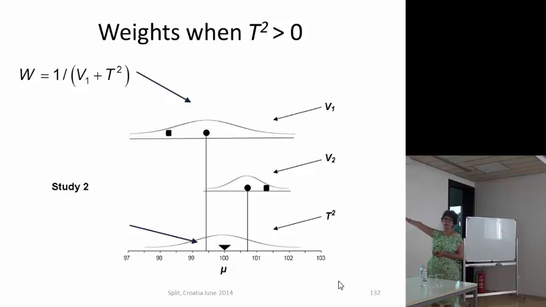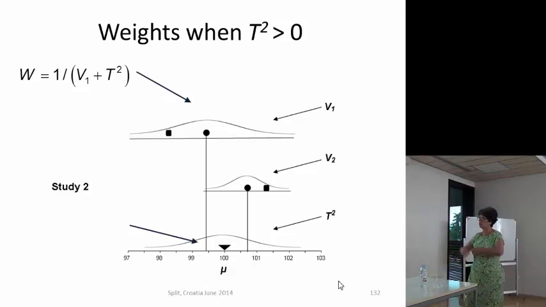Okay? So again, in the random effects models, we're saying that we actually have a family of true effect sizes in our meta-analysis, and that they are essentially drawn from a larger distribution of possible true effect sizes that we could have had.